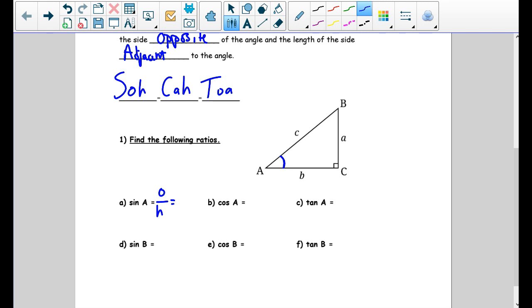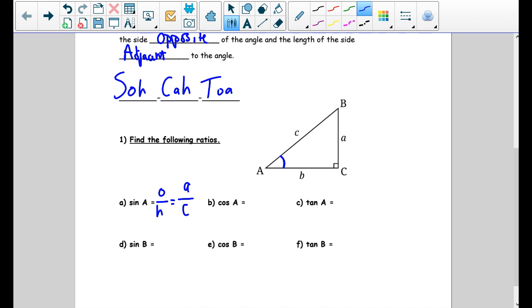Little a, right? Side a. So big letters are going to be your angles. The small letters are going to be your sides. So small a, and what's the hypotenuse? C. We're just writing it as a fraction.